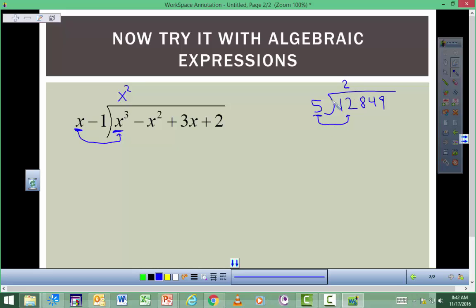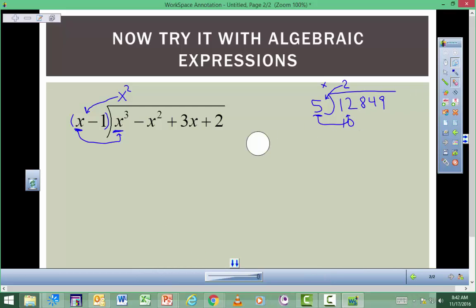And what did we do right after that? We took this and multiplied it by that. The same is true with this. You take this and you multiply it by the whole thing here. And what do you do then? You put it right underneath. So we put the 10 right there. Here, you multiply this one by here. x times x squared gives you x cubed.